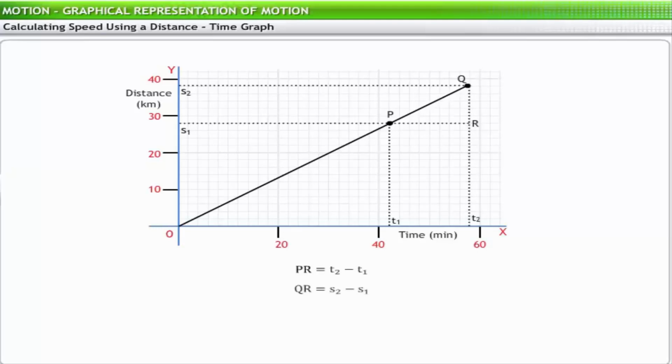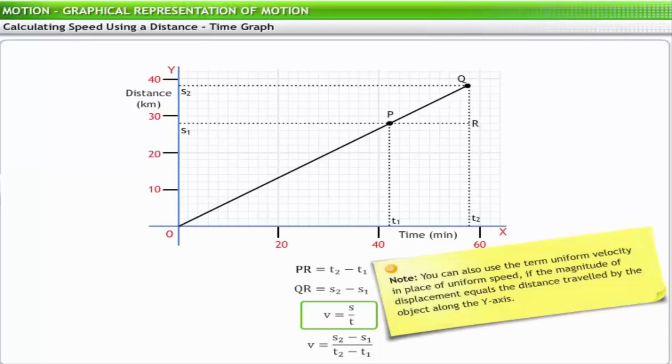By definition, speed is the ratio of distance covered to the time taken in covering that distance. Therefore, the speed of an object v is equal to (s2 minus s1) divided by (t2 minus t1).